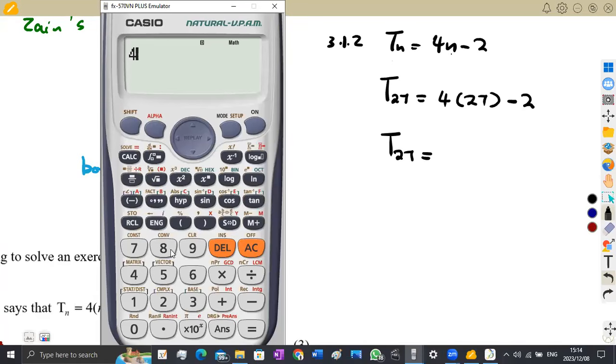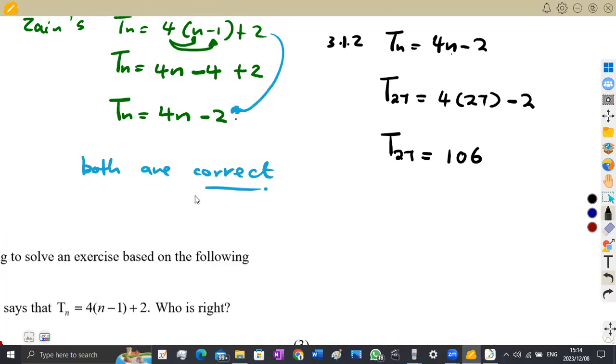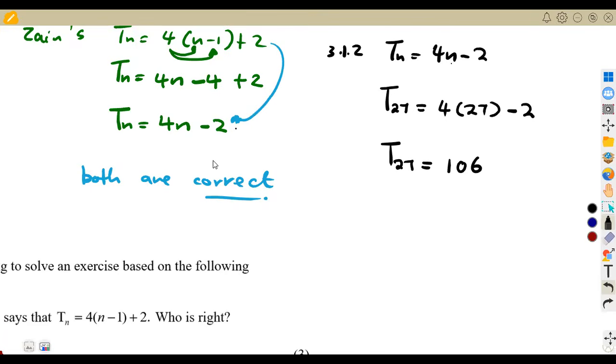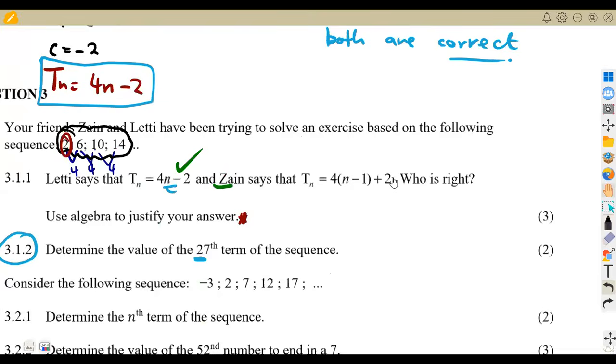Just 4 open bracket multiply by 27 like this, then subtract 2. This is going to give us 106. So this is T27. That is when n is equal to 27, our T is going to be 106. Okay, that was the idea of the question on this part.